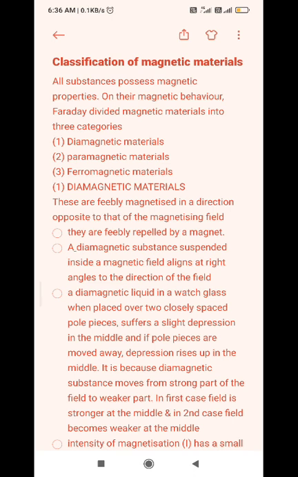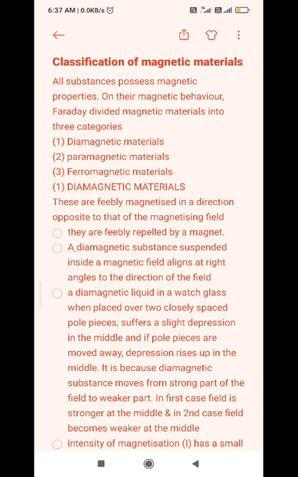And second, in diamagnetic substances there is no net magnetic dipole, because according to the electronic theory we have small molecular magnetic dipoles within a substance.